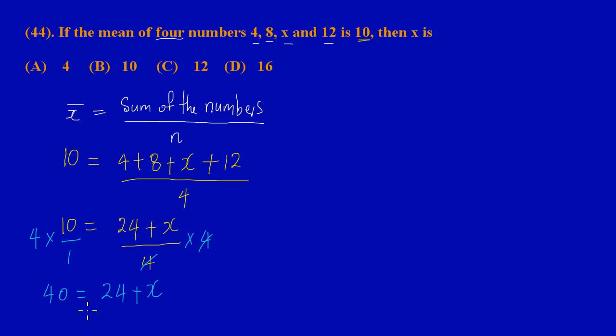Now I need to get the 24 to this side. It's a positive 24, so we'll have to do the opposite of addition, which is subtraction. We have 40 is equal to 24 plus x.